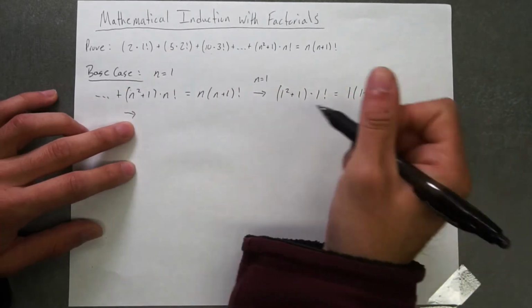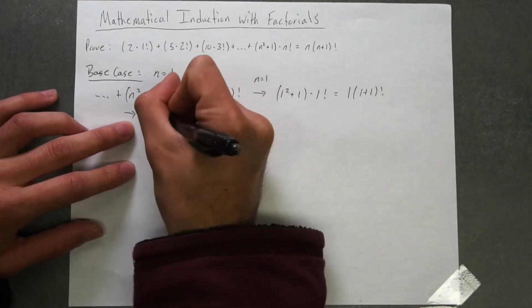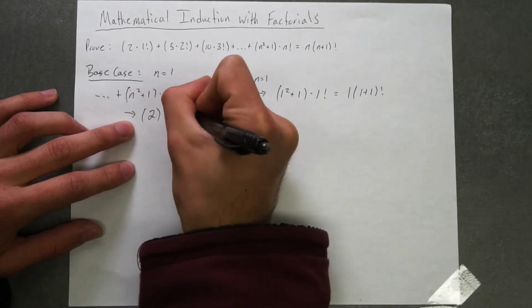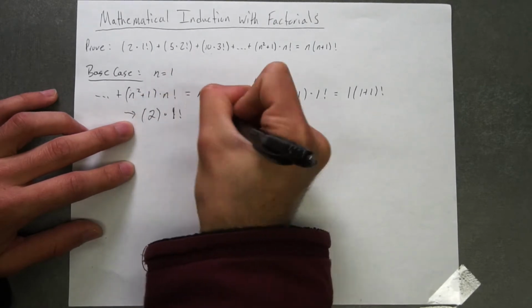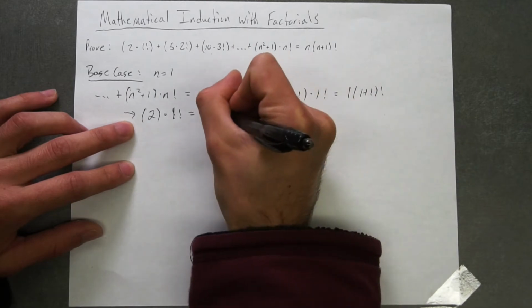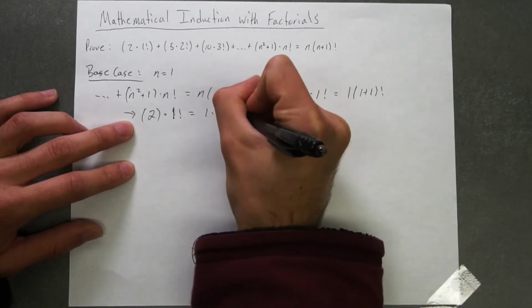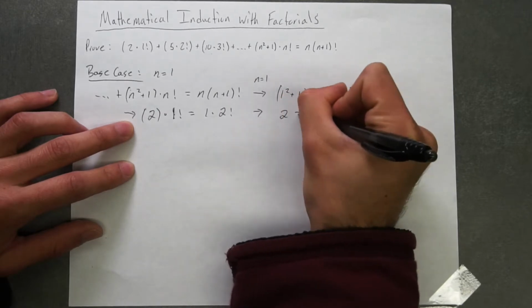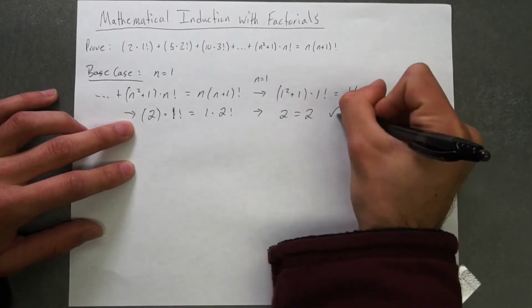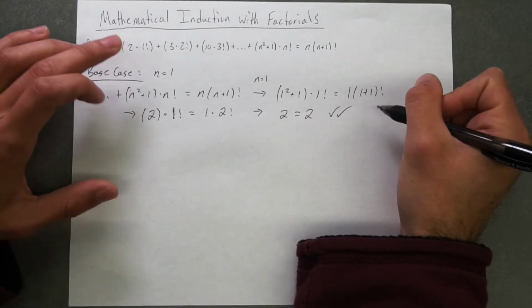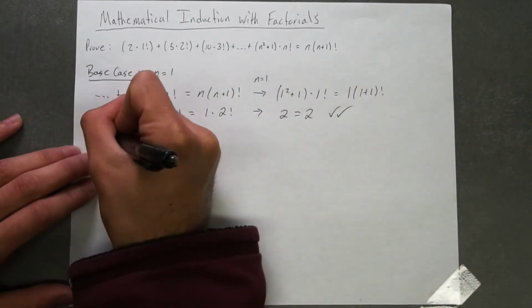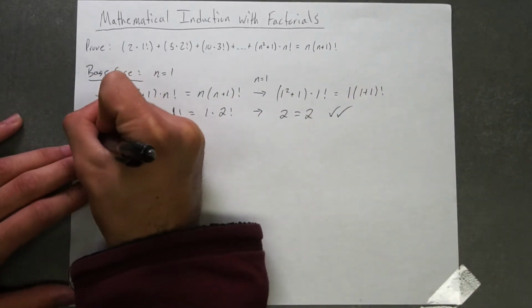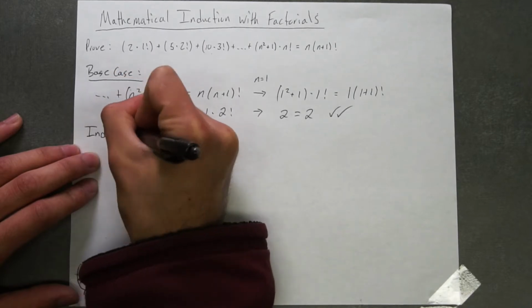And we can see that we have 2 times 1 factorial is equal to 1 times 2 factorial, which is just 2 is equal to 2. So we proved that the base case, n is equal to 1, is true. And so we can go on to the induction hypothesis.